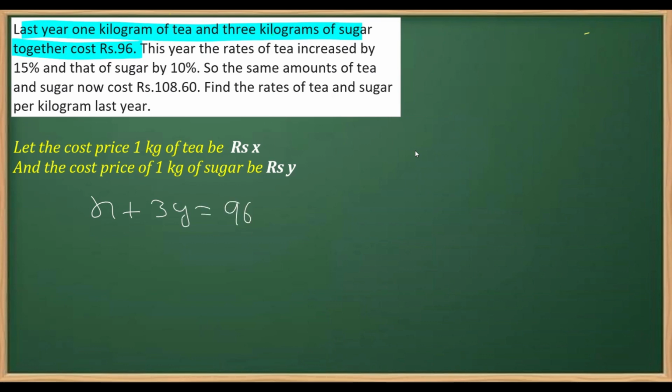Very easy to understand. Cost of 1 kg of tea is X only, and cost of 3 kg of sugar will be 3 times Y. And this is the first equation framed.